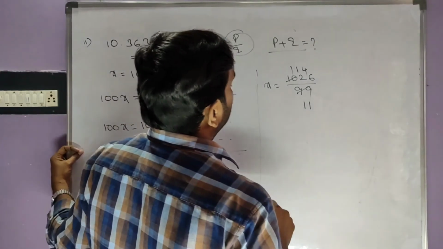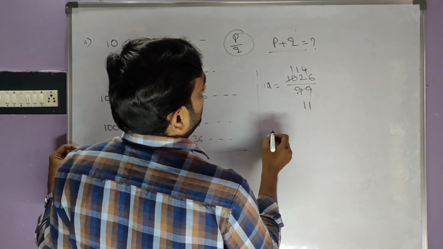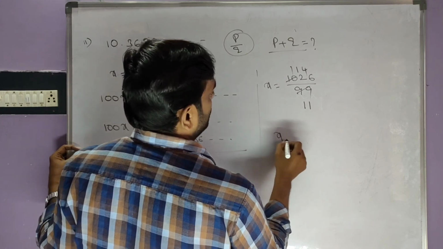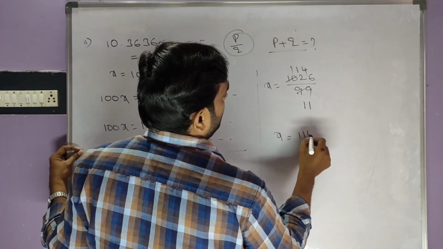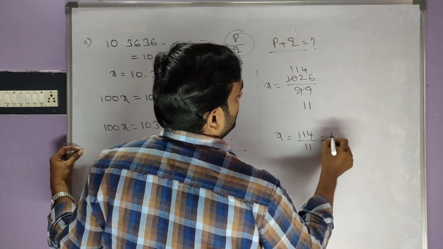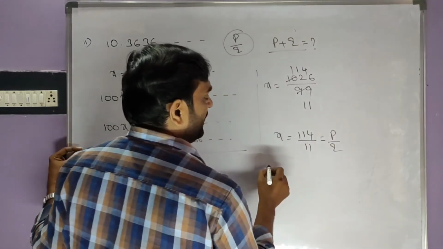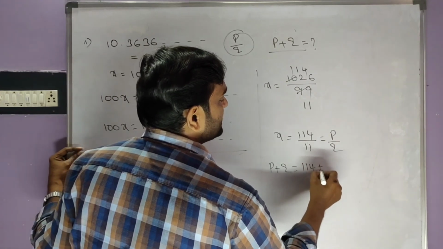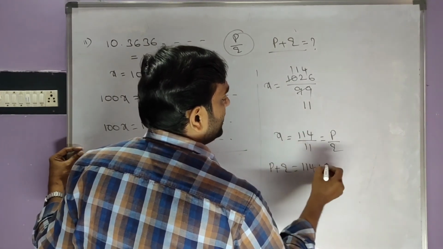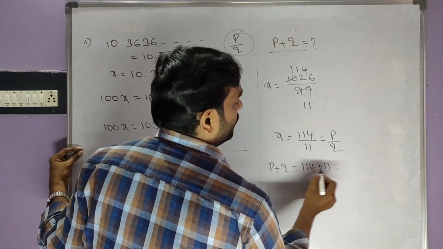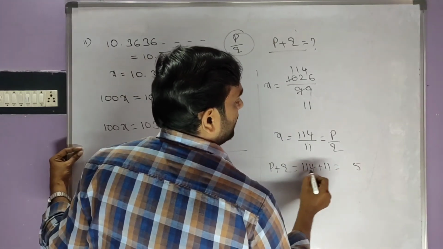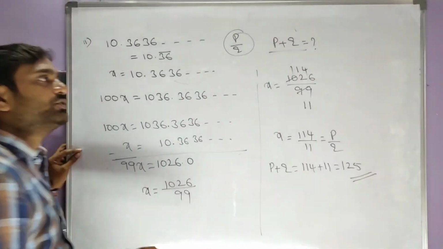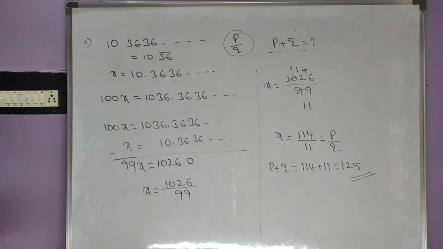Now we got x equal to 114 by 11, which is p by q. We need p plus q, that is 114 plus q. What is q here? 11. Totally 4 plus 1 is 5, 2, 1, so 125. You got the p plus q value as 125.